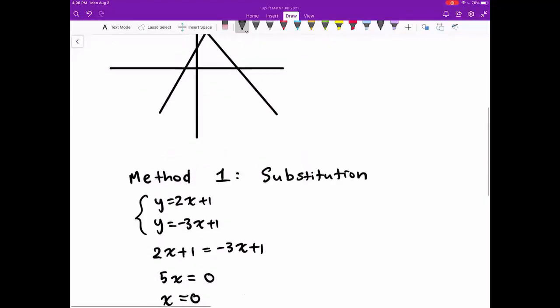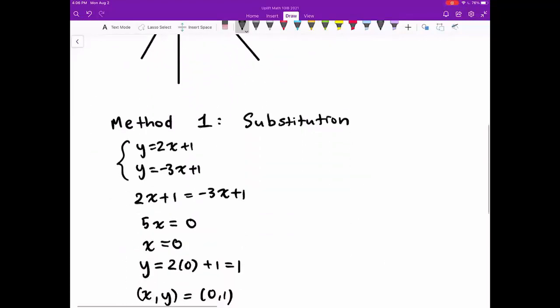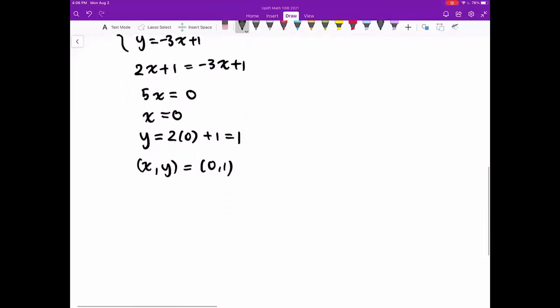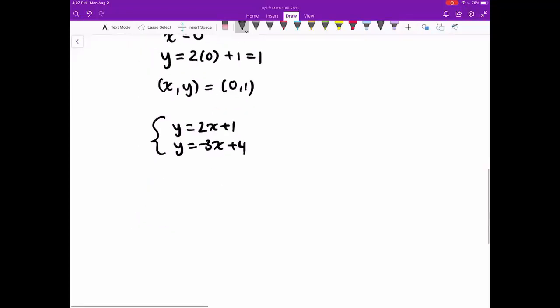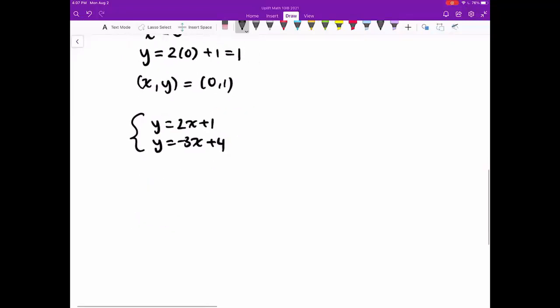I think the one above is actually plus four, but we can actually do another one. y equals 2x plus 1, and y equals negative 3x plus 4. Essentially, it would be the same thing because they both equal y.